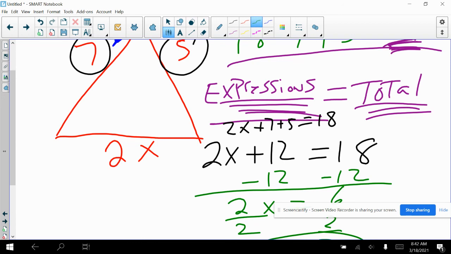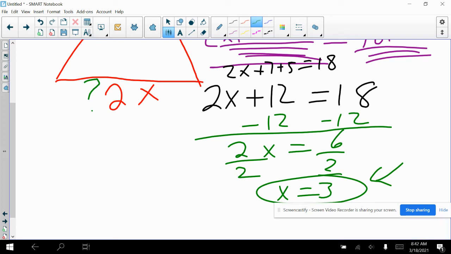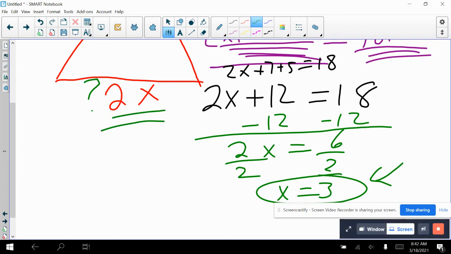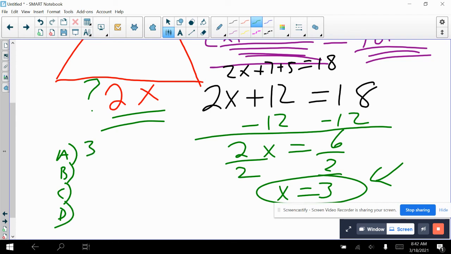Because this is the question that they may ask. This is a great question. They might say, hey, what's the length of the base? Right? And on the air test, this is what it's going to be. And the first answer, I guarantee you, is going to be 3. And guess what? A lot of you are going to pick 3.